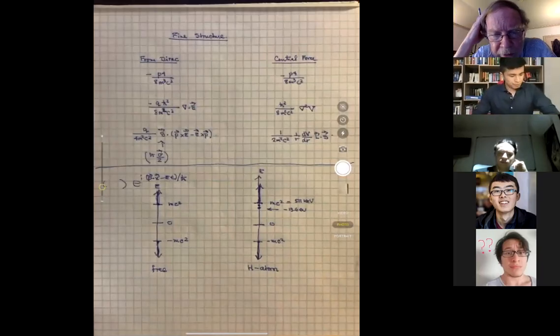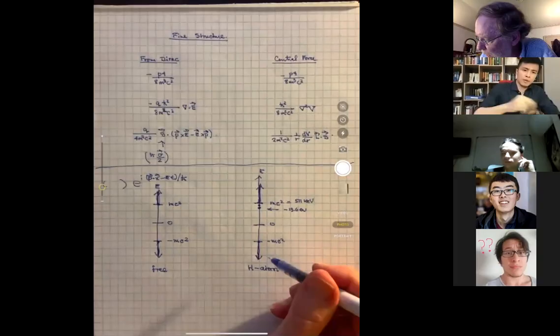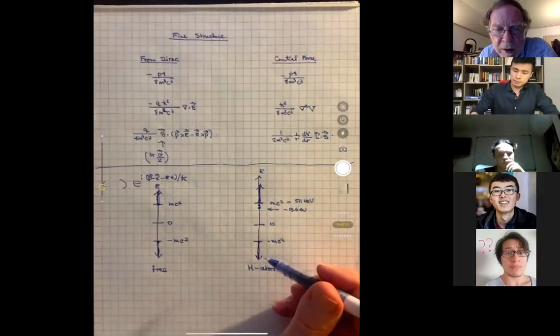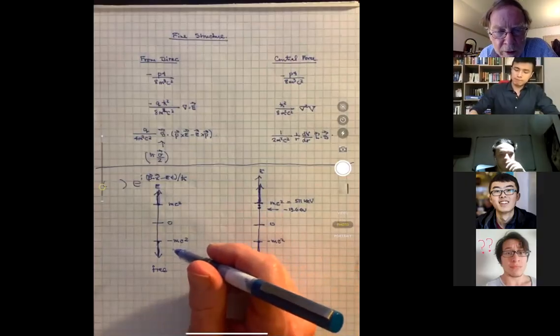Now then, here's the problem with trying to declare that the negative energy states are non-physical. The negative energy states of the hydrogen atom span a different subspace of the Hilbert space than the negative energy states of the free particle.